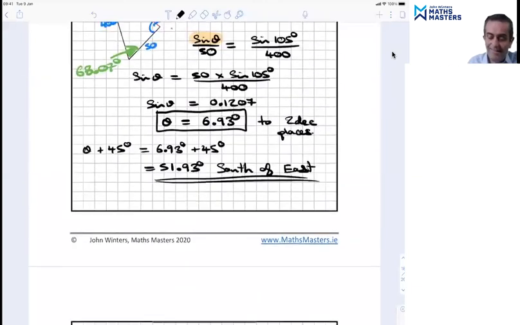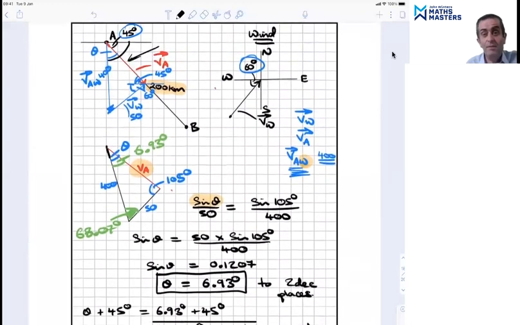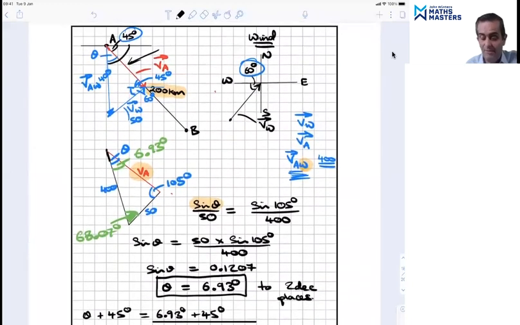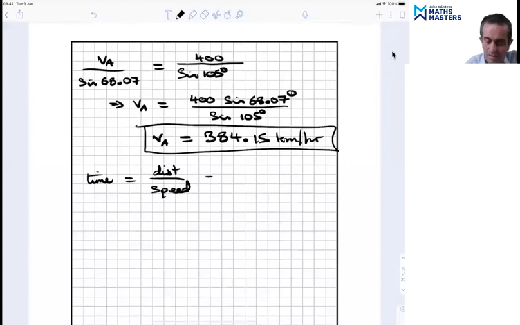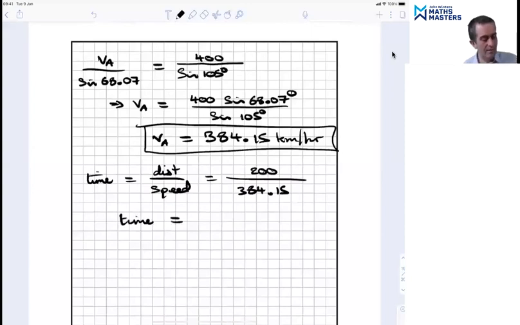Now, we were asked how long is the journey going to take? Well, we know that airport A and airport B are 200 kilometers apart. And we just calculated that the actual speed is 384.15. So the time for the journey is going to be the distance divided by the speed, which is 200 kilometers divided by 384.15.